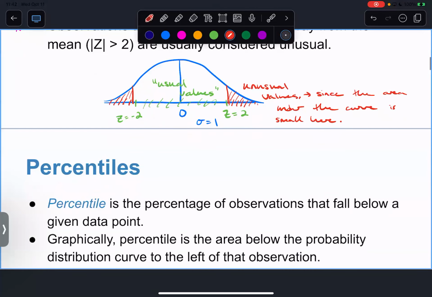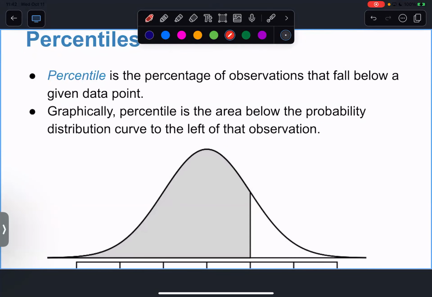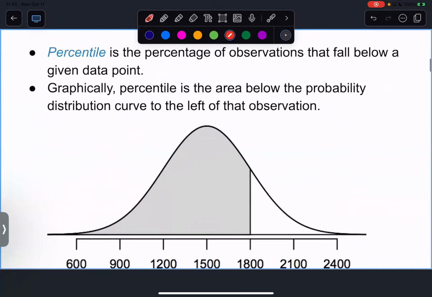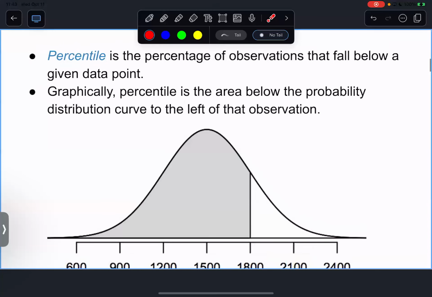Percentiles, as promised. Often we talk about percentiles when we talk about things like IQ and baby weights and things like that, right? You want to be in the top percentile, right? And so the percentile is the percentage of observations that fall below a given data point, okay?